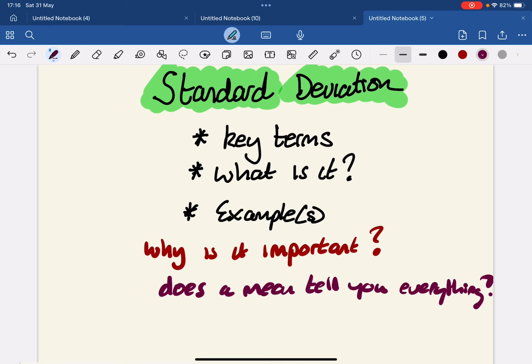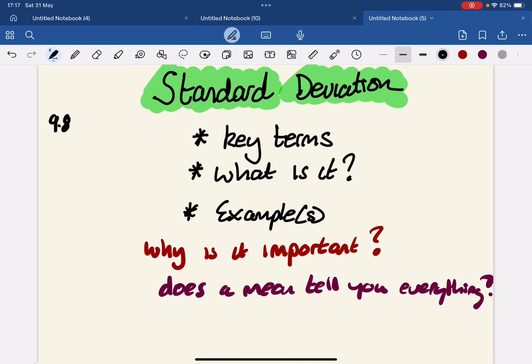You should know from this point onwards that standard deviation is developed from the mean of a set of results, because that mean doesn't necessarily tell you everything. Let's have a look at some sets of data. Say we were doing some measurements. It doesn't matter what they are, but there were 3 groups.